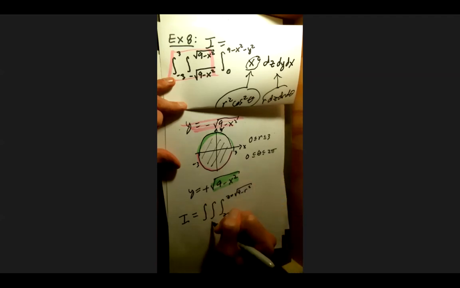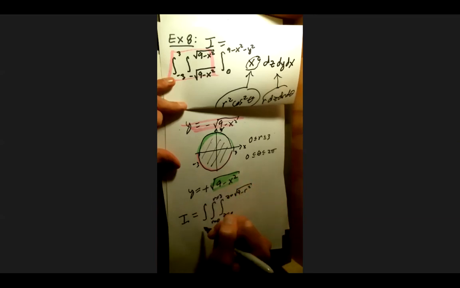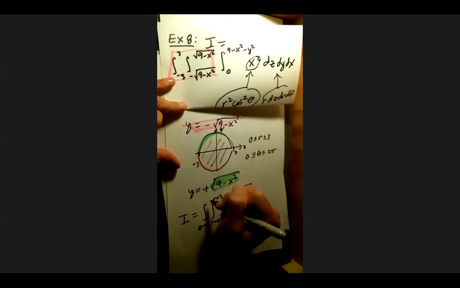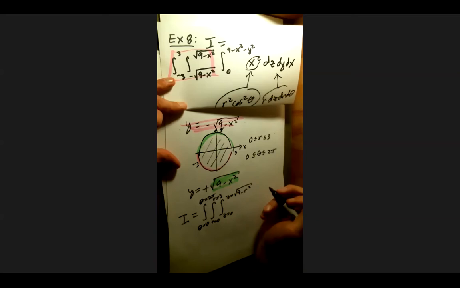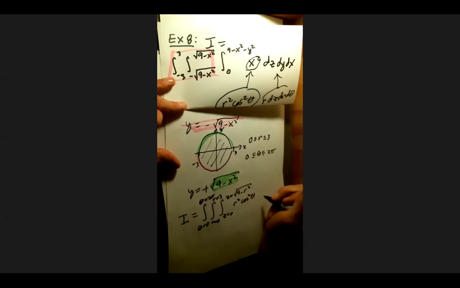The r values are going from 0 to 3. The thetas are going from 0 to 2 pi. X squared is replaced by r squared cosine squared theta. And the differential element dV is replaced by r dz dr d theta.